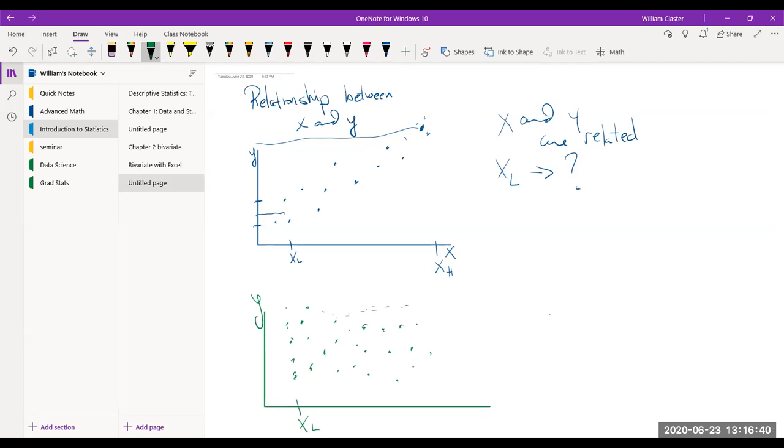It could be anywhere. Does everyone understand that? And if X is high, Y could also be basically anywhere. So knowing the value of X doesn't help me at all in terms of knowing what Y is. Does everyone understand that?